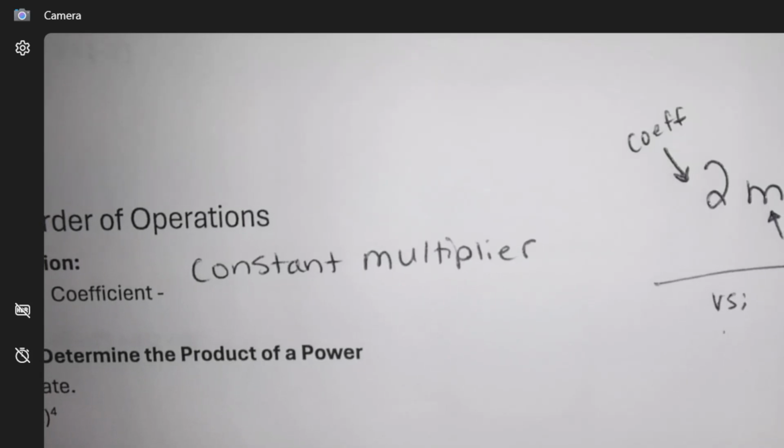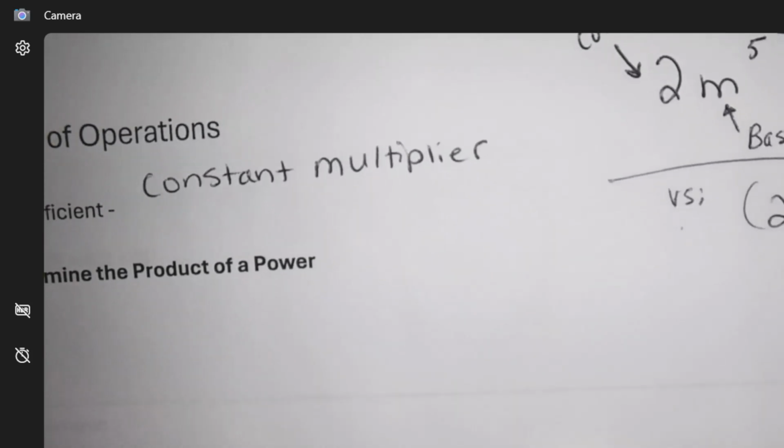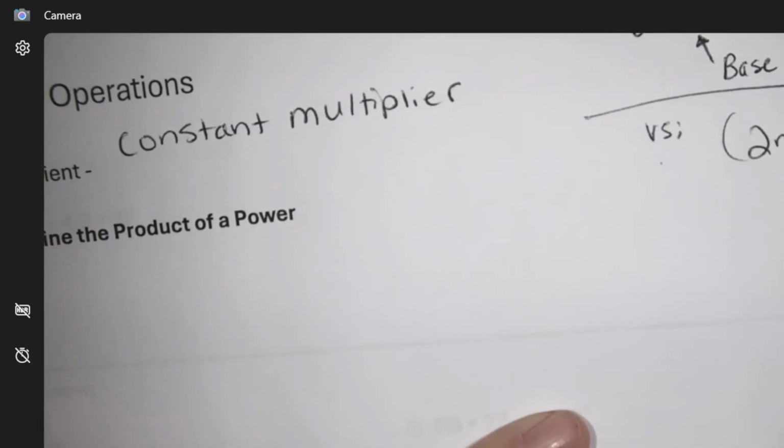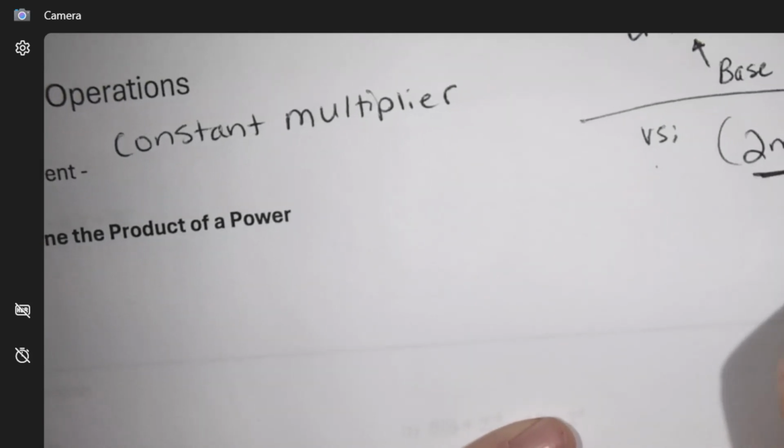Versus, what's the difference between this? What is the coefficient? Nothing, right? There is no coefficient now. Because what is this?